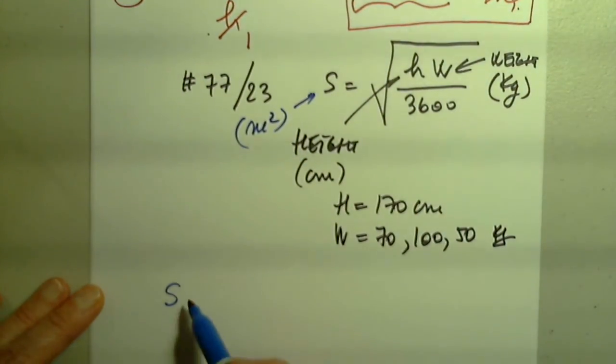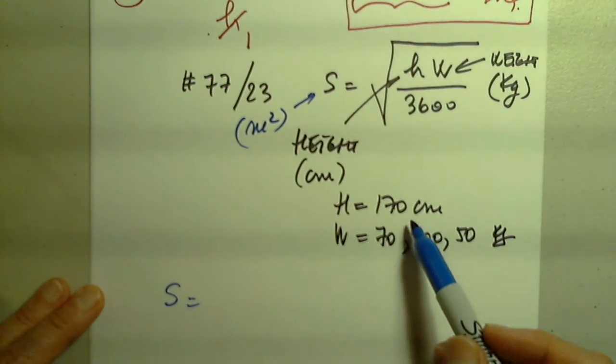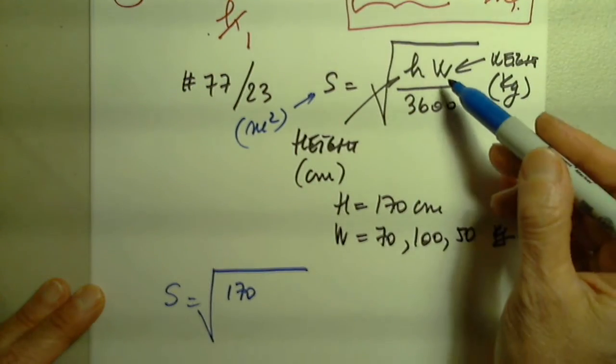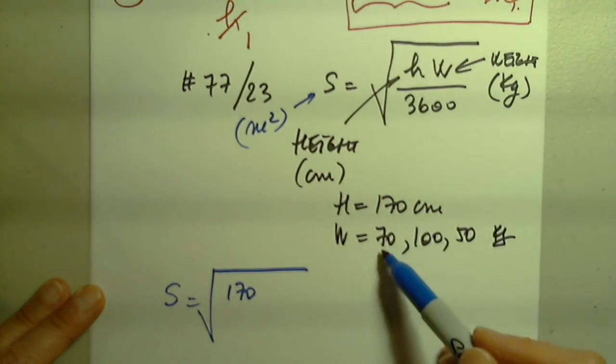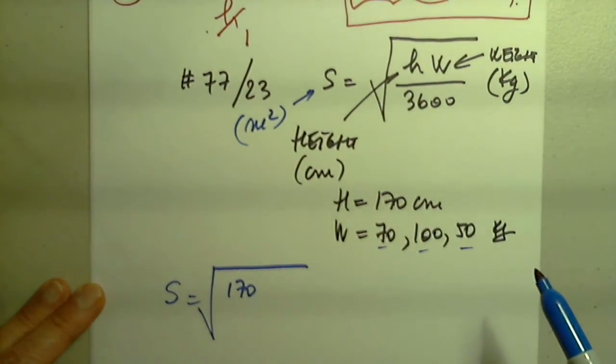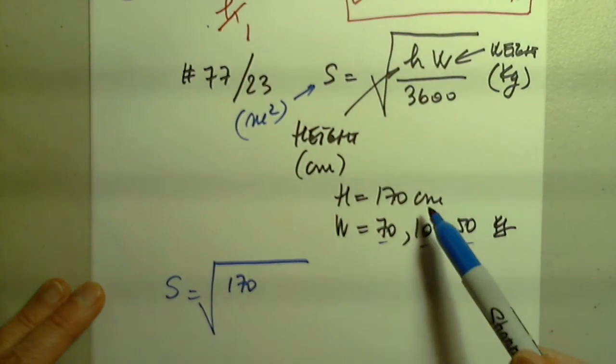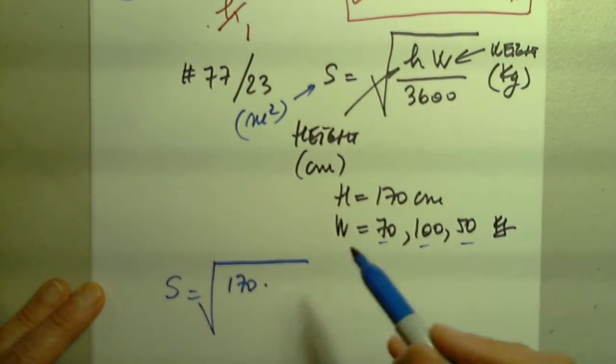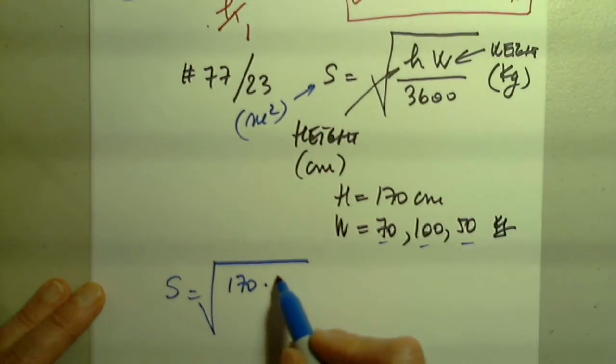Okay, so we're given the height. So this is the square root of the height, 170, times W. The W changes from 70 to 100 to 50. So I have 170, and the W is basically in my calculator.